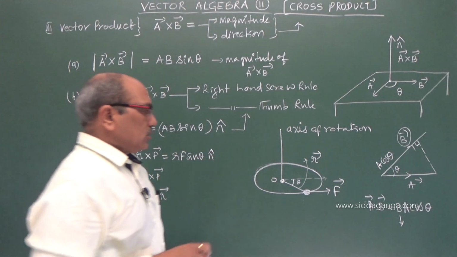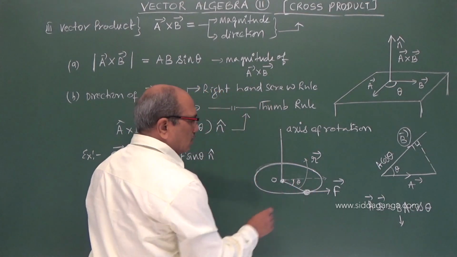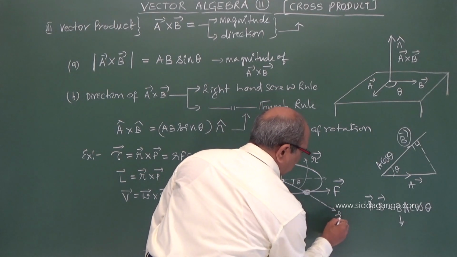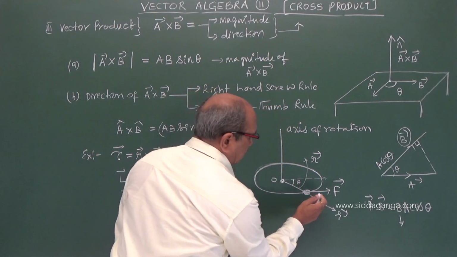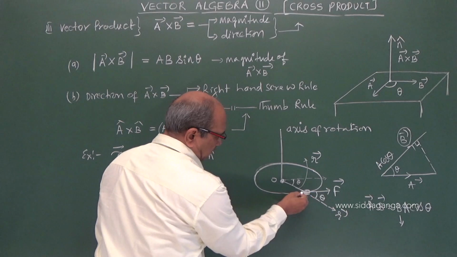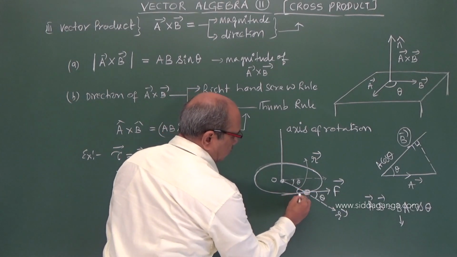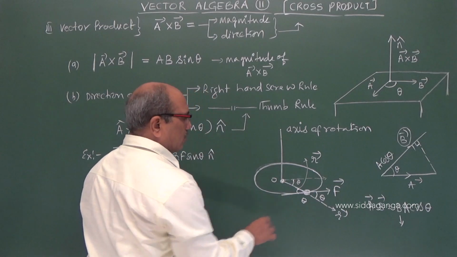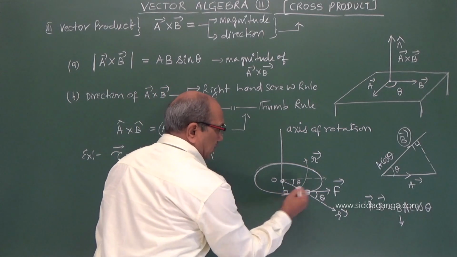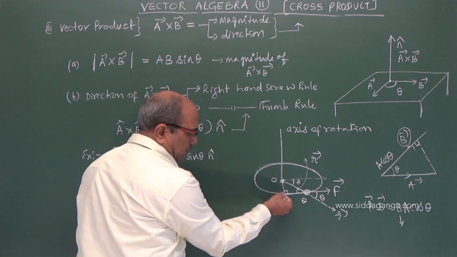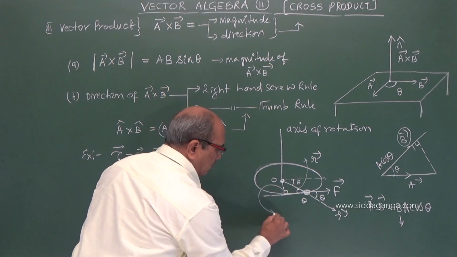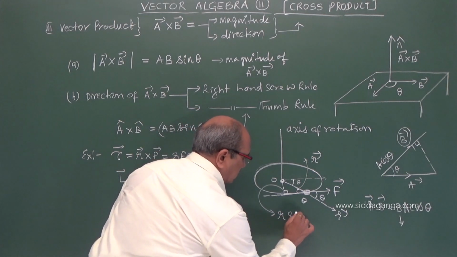So here this is R. Now this theta, if I extend the vector r, the same theta I can write here also, and if I take it back, this is also theta, opposite angles. Now drop the perpendicular to the extended line of action of the force. The perpendicular distance between them is r sin theta.